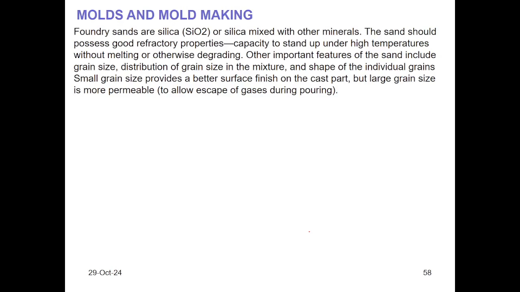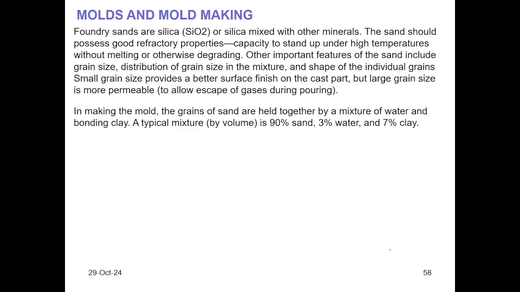Well, in sand mold casting, we use sand particles, silica, mixed with water and clay. The recommended percentages for the additives in sand mold casting: the volume of sand particles 90%, 3% water and 3% clay.